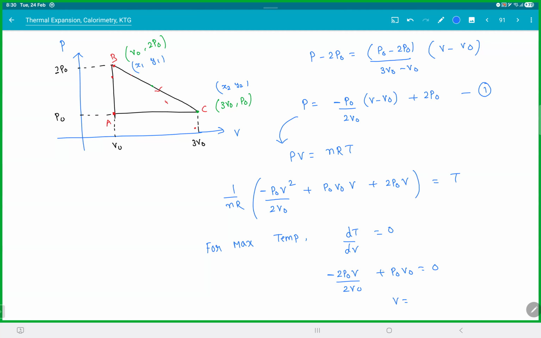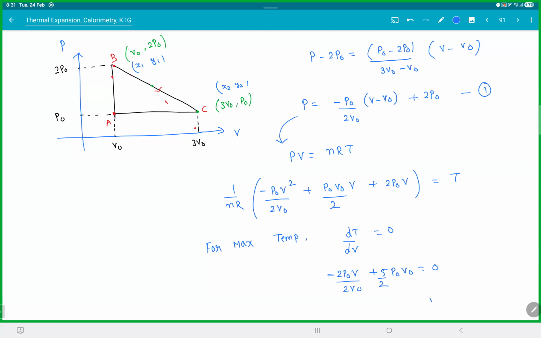That would give you 3. This is P naught V naught by 2. That will give you 5 by 2.